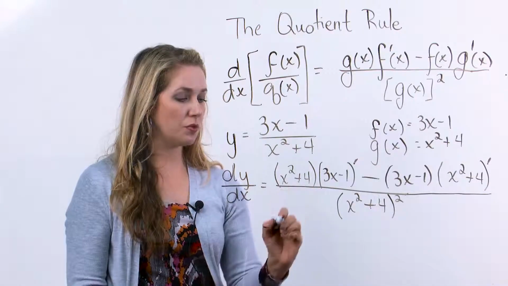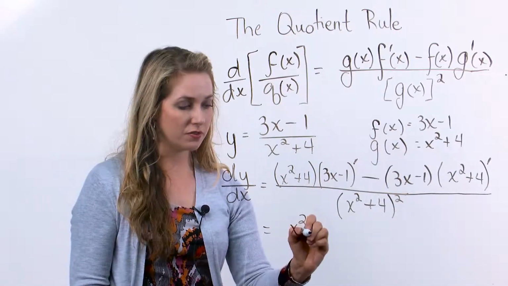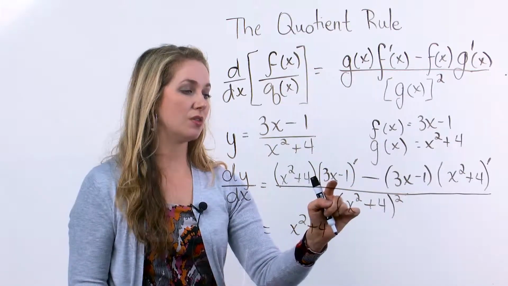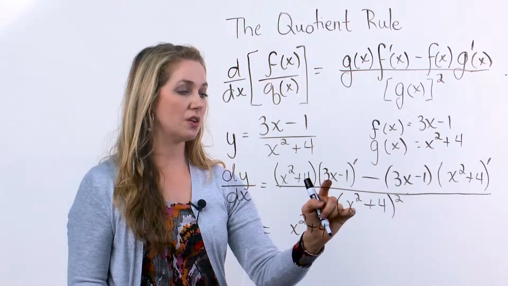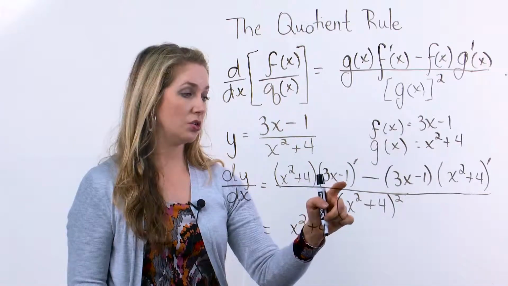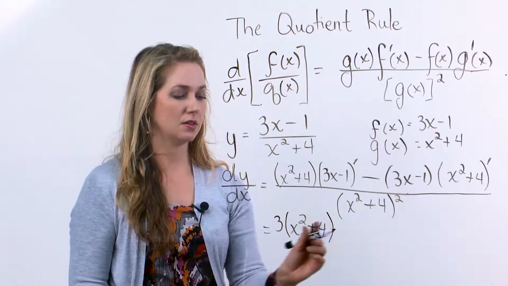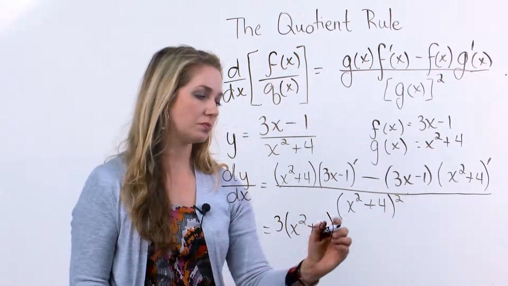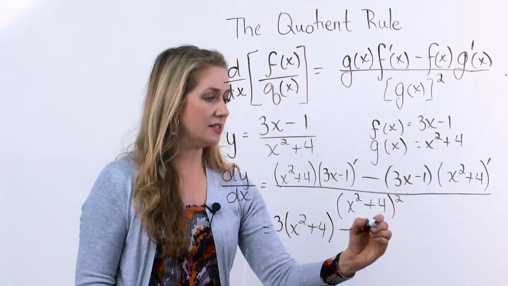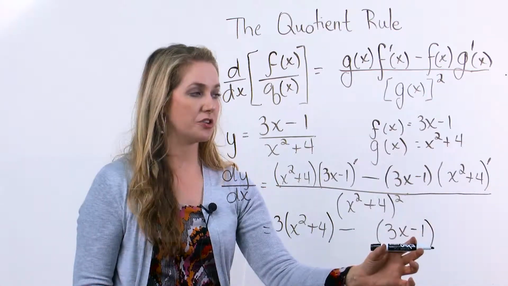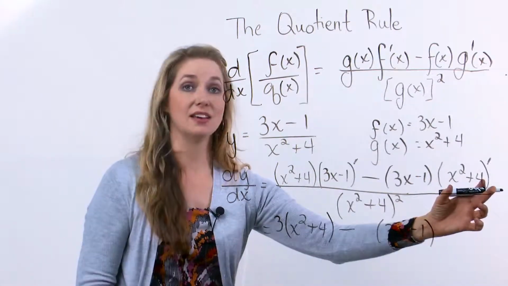The x squared plus 4 does not need a derivative. There's a prime mark here. It's reminding me to take the derivative of 3x minus 1. And the derivative of 3x is 3. The derivative of minus 1 is 0. So this becomes a 3 as the derivative. Minus the 3x minus 1 now does not need a derivative, but the x squared plus 4 does.